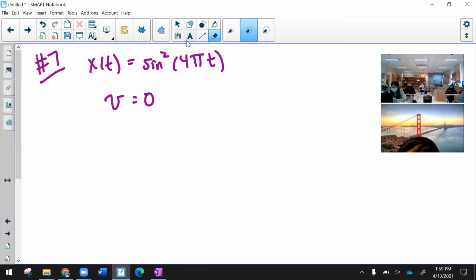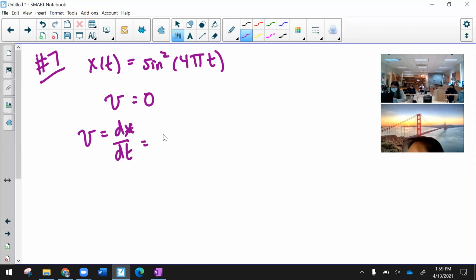All right. So we take the derivative. V is equal to dx dt. So that's going to give me 2 sine 4 pi t times the derivative of what's inside, which is 4 pi. Oh, that's not true.